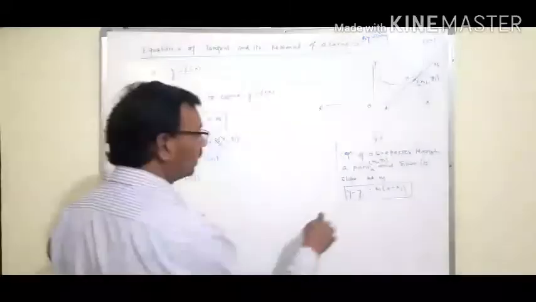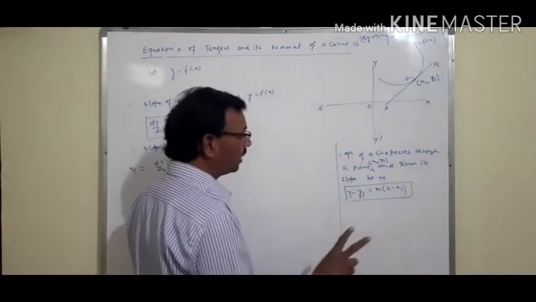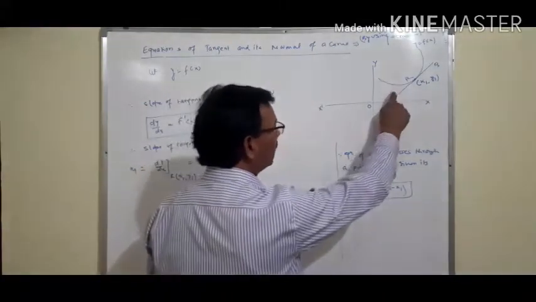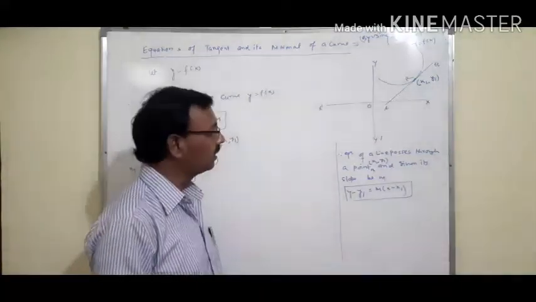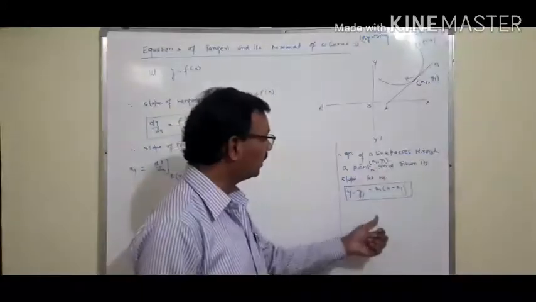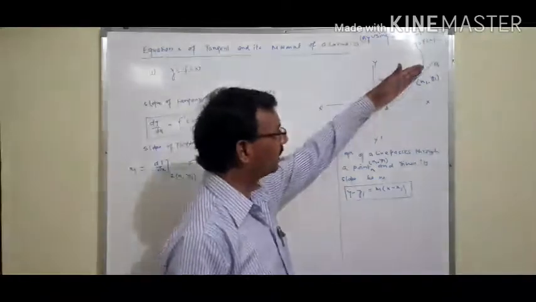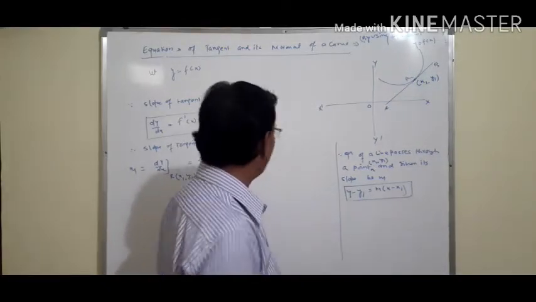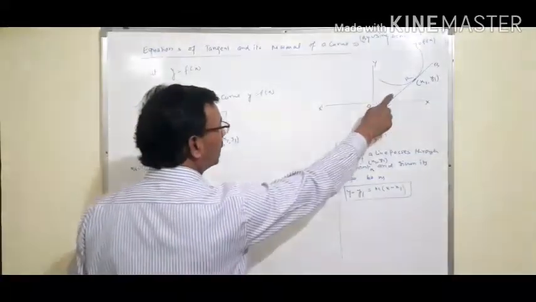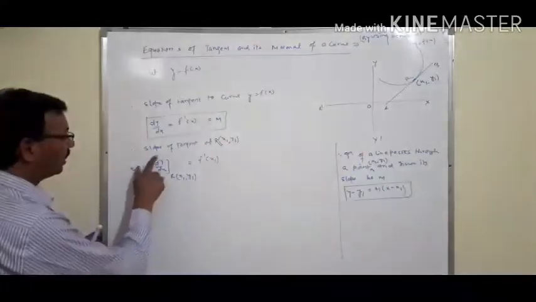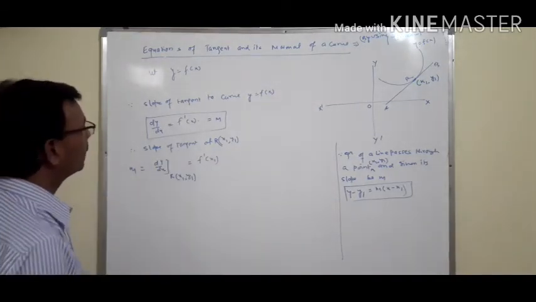Now in this equation you can see there are two things required to write the equation of this tangent. First, through which point the tangent passes, that means point is given, x1 y1. And second, what is the slope of this line? Slope of this line is m, and if we use the derivative, then m equal to dy upon dx.